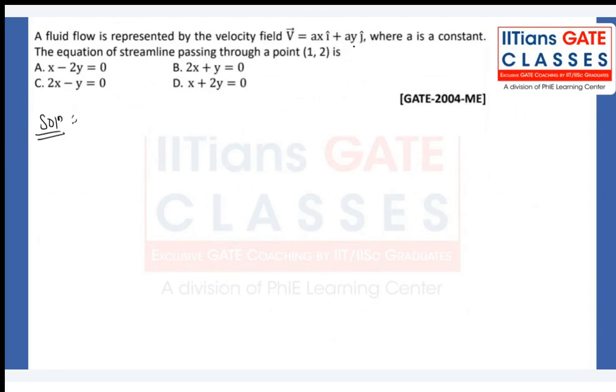That means it is a 2D flow. Equation of a streamline passing through the point 1 comma 2. So what is the equation of a streamline? dx by u equals dy by v. U component we have ax and v component we have ay.